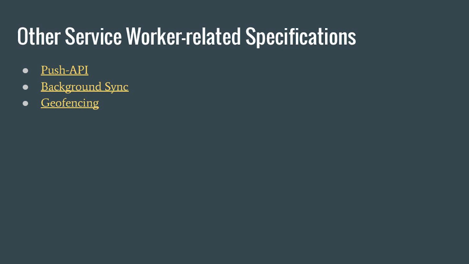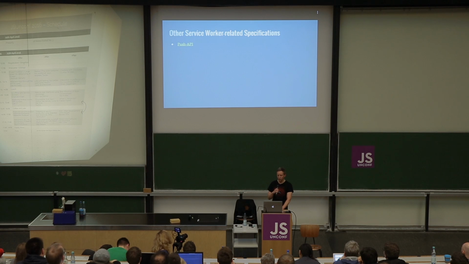There are some service worker related specifications. For example, the push API, which enables you to annoy your users with push notifications. And what's nice about service workers is that they are running in a thread in the background. So even if the web app is not active, they can receive push notifications and you can handle them.